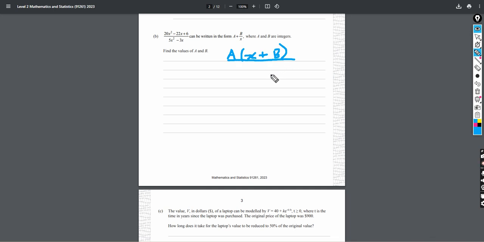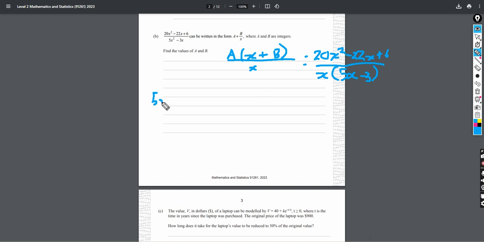ax plus b all divided by x, and this is apparently equal to 20x squared minus 22x plus 6 on x times 5x minus 3. What would be really nice here is if we could discover that 5x minus 3 is a factor of this, which it might be.